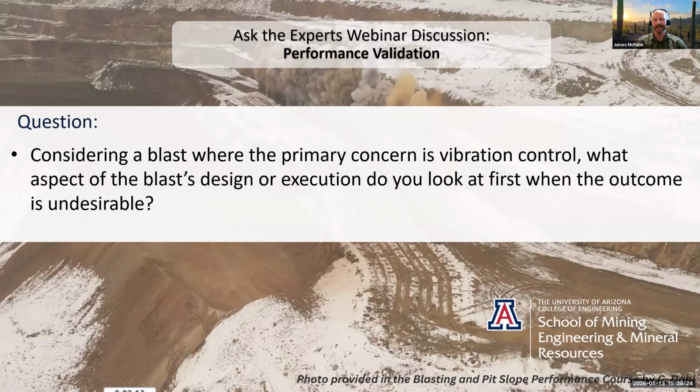So one of the key things here, I think, is what John brought up about the firing sequence and understanding this blast pattern layout, and how that influences the confinement, because that confinement is going to influence that vibration and how you control it.